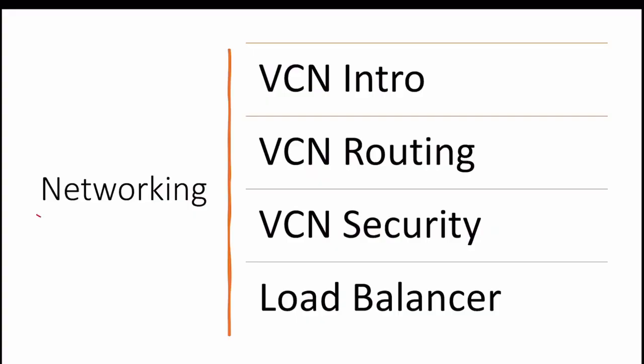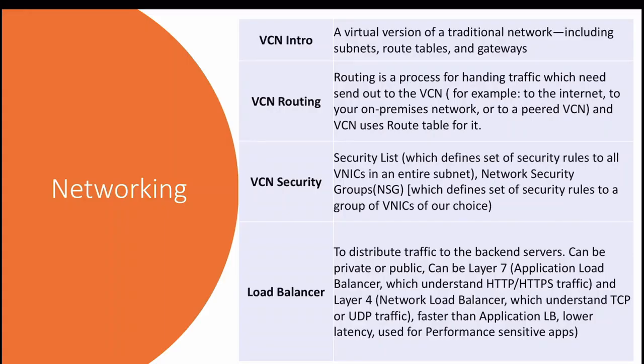This is very important, that is networking. Let's understand what is VCN. Then we will go through VCN routing, VCN security and the load balancer. We will talk about the VCN introduction. VCN stands for Virtual Cloud Network.